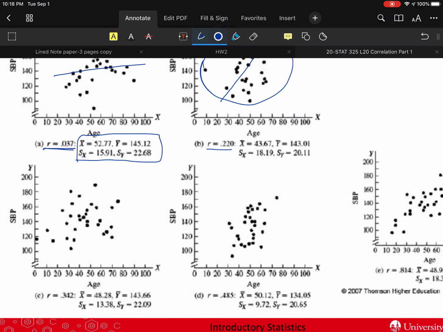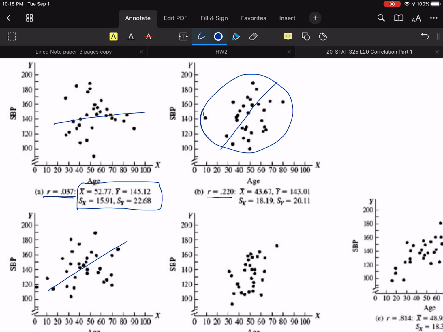And now we have R is 0.342 here, and so we might have a line something like that. Well, I think I may have drawn this one up here wrong. It's probably closer to something like this, and so you've got a lot of variation.